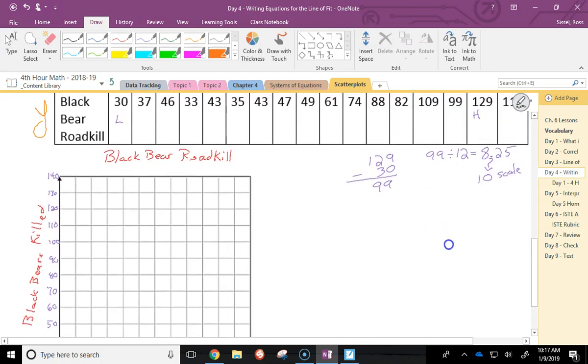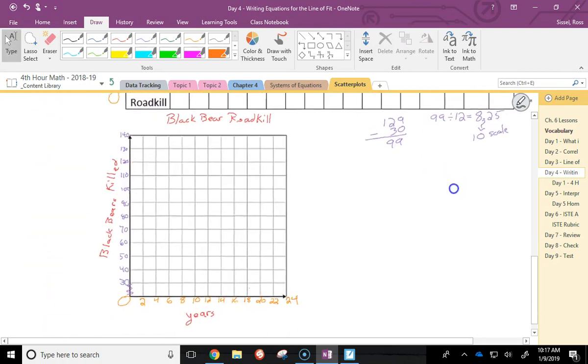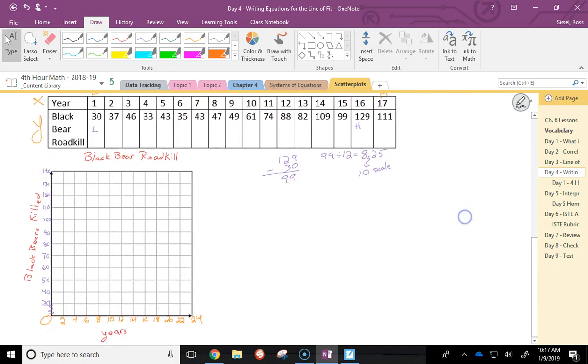Black bears killed. We now have our coordinate graph set up. We've labeled the title, we've labeled the axis.